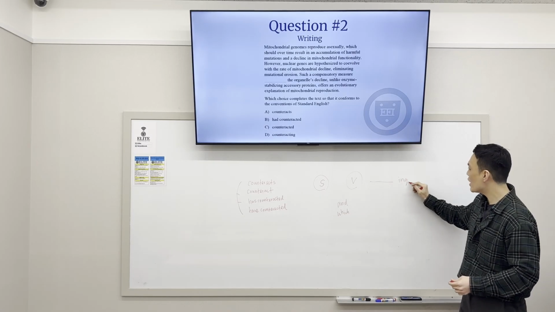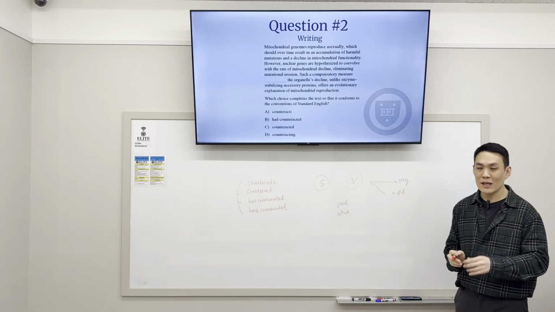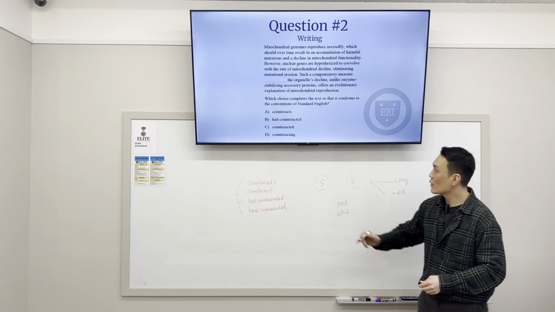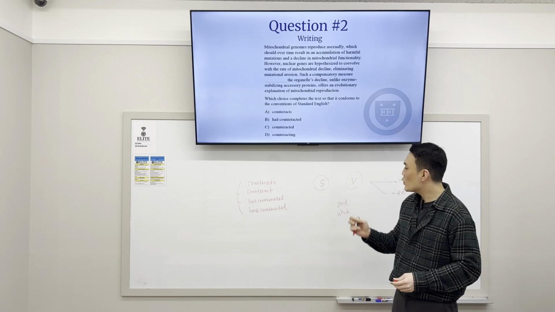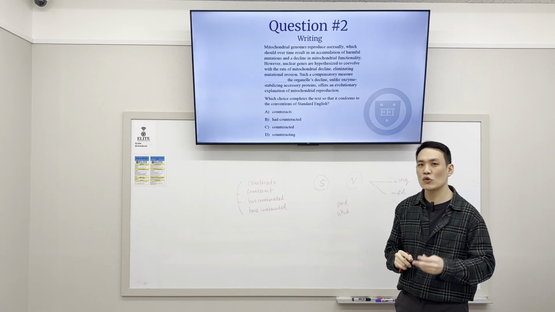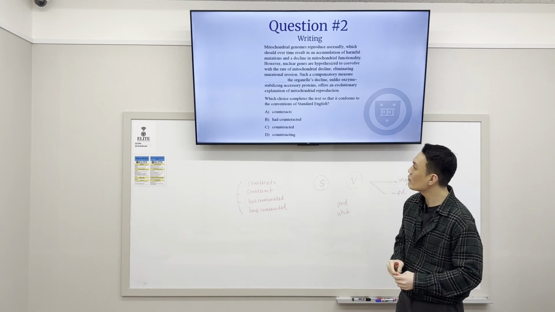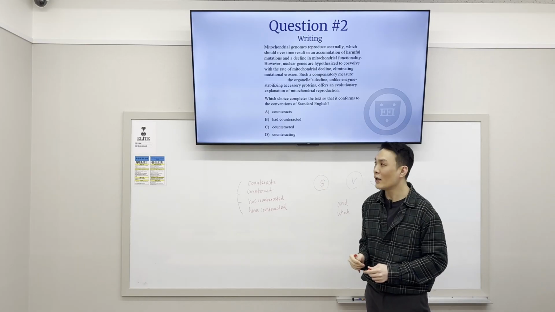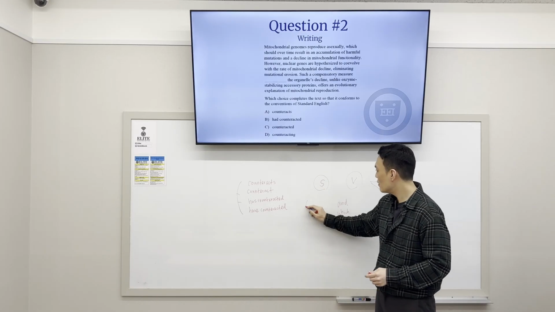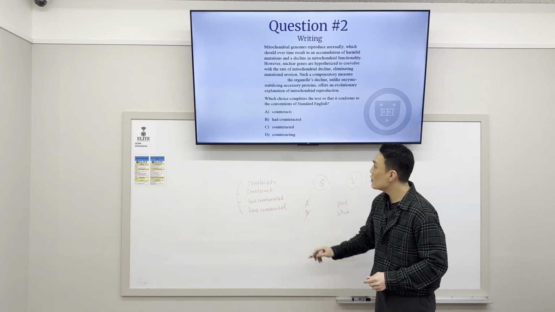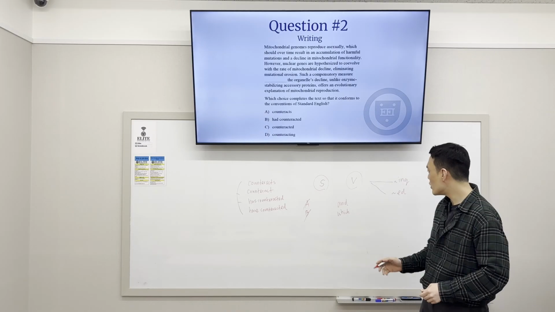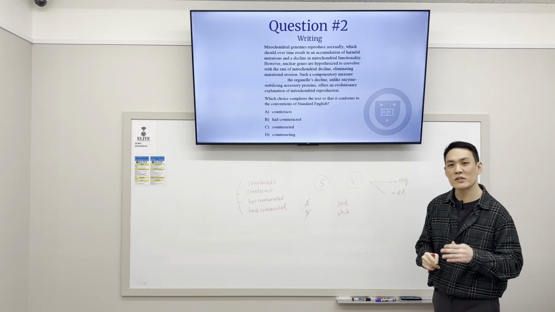So a participle phrase, such as ing or ed, is needed. So among the choices, since we cannot have a verb, which two can we eliminate right away? A and B.